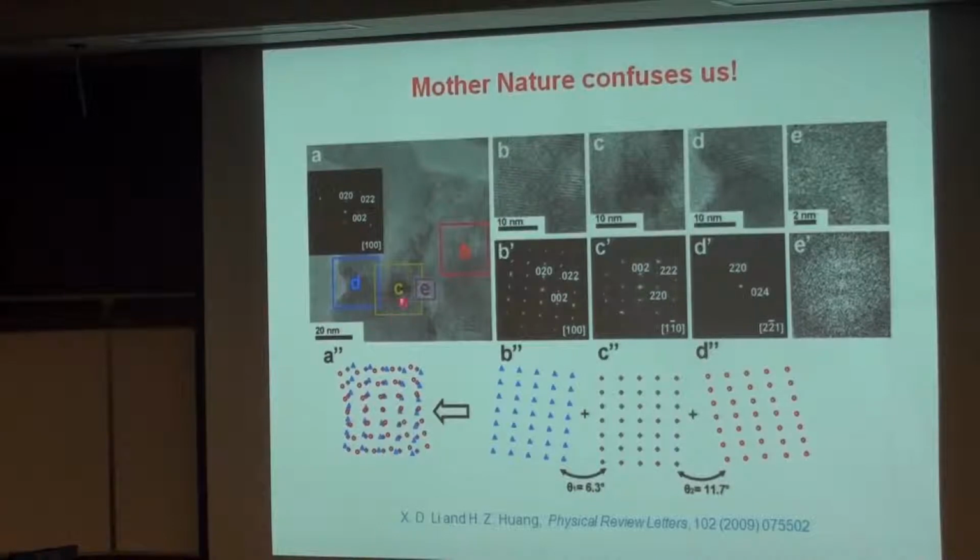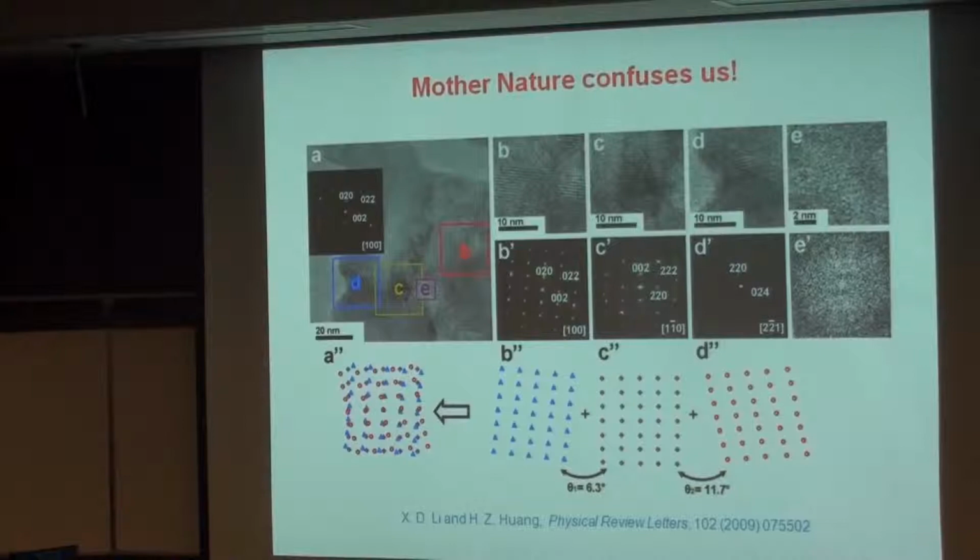If you move this frame to area D, you can see another nanoparticle with a different orientation, that's 2-bar-1. And you may say, how about in between this particle and this particle? What is it? You can pick a small frame and blow it up and do the FFT. You can see, wow, this is amorphous.